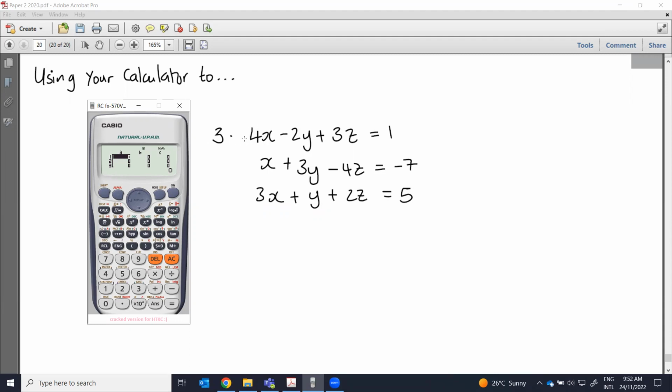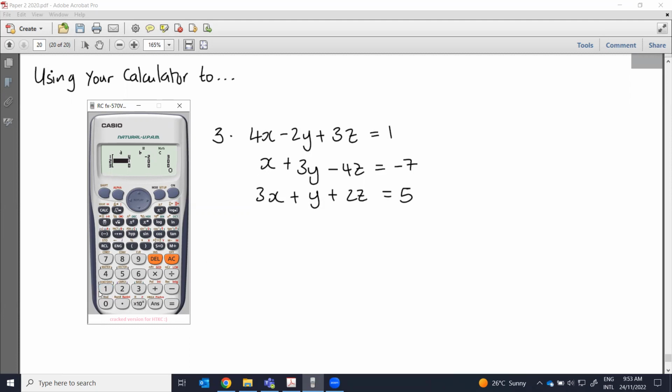So you start with equation 1, we have 4. And you press equals, -2. Remember the sign must also go into the calculator, -2 equals, then 3 equals, and then the last term is what you have on the other side, which is a 1 equals. Then you do the same thing for equation 2.